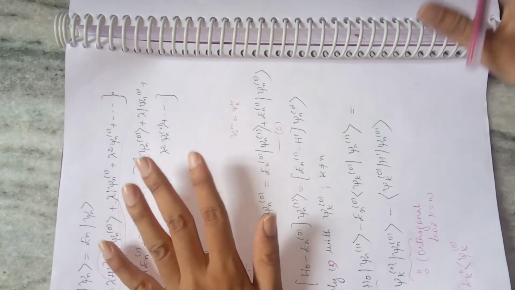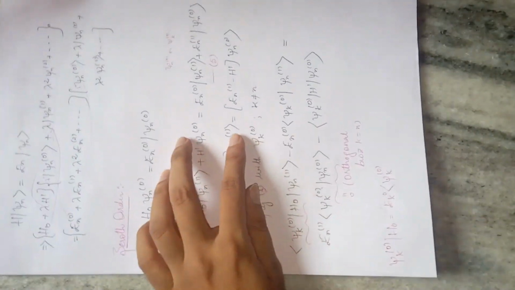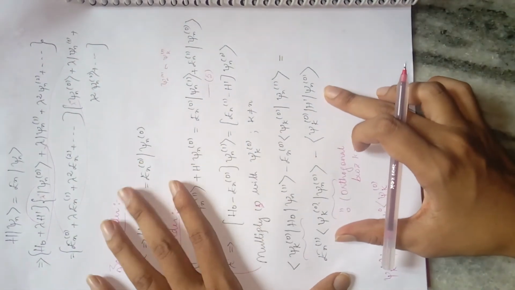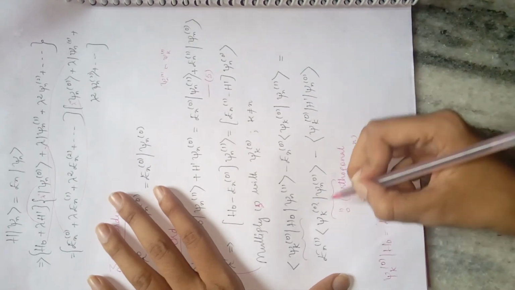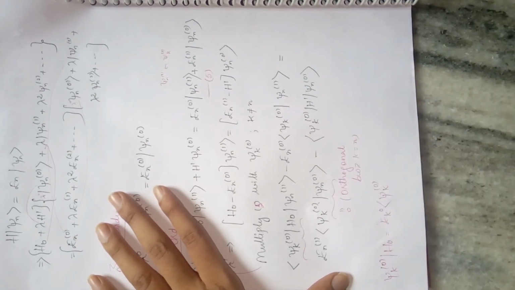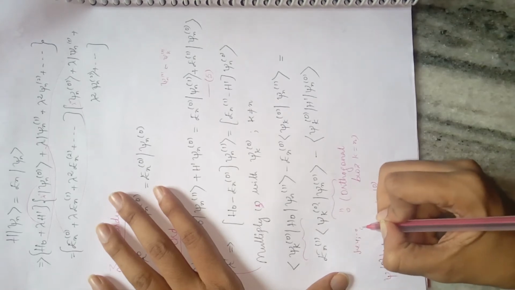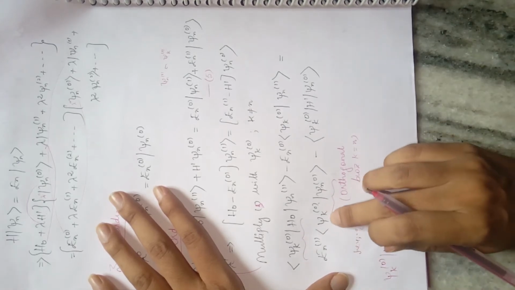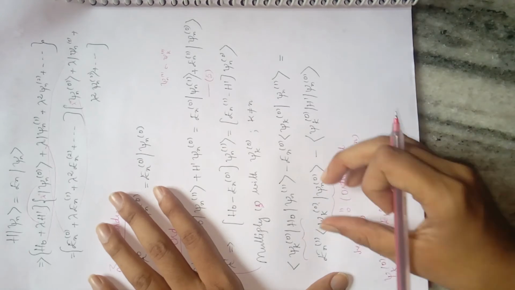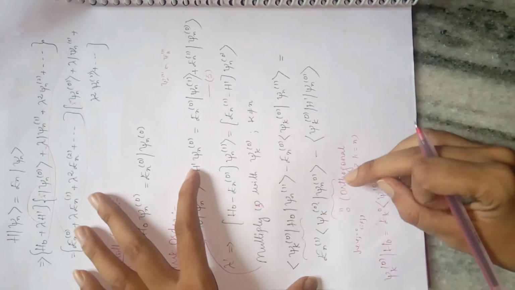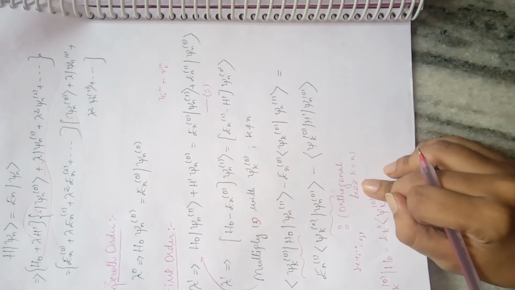Now look at this equation, the psi k naught and psi n naught. I have told you that the integral of psi i psi j is equal to 0 if i is not equal to j. We know that k is not equal to n, so this term comes out to be 0.